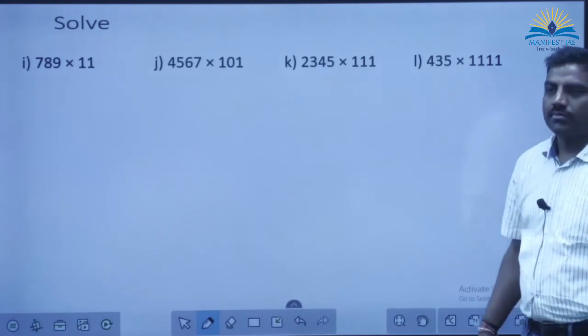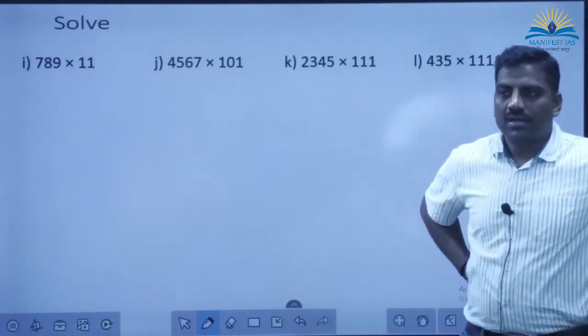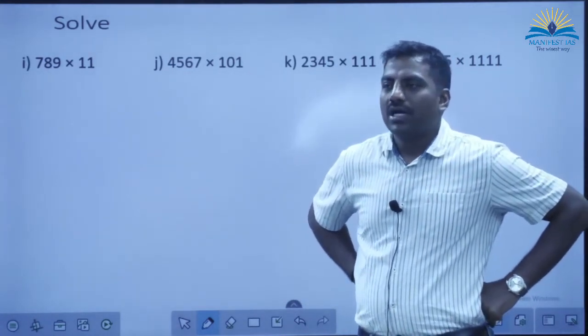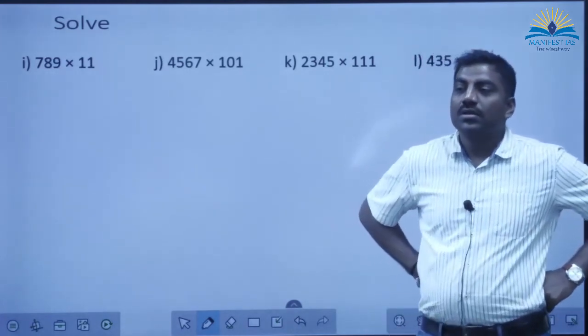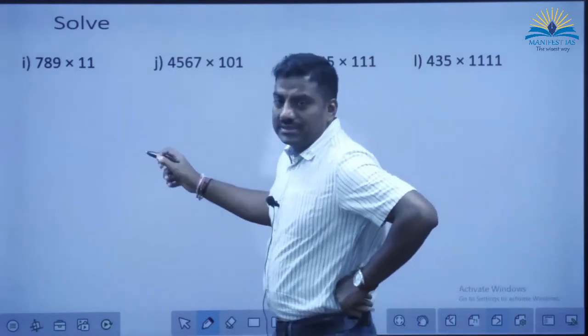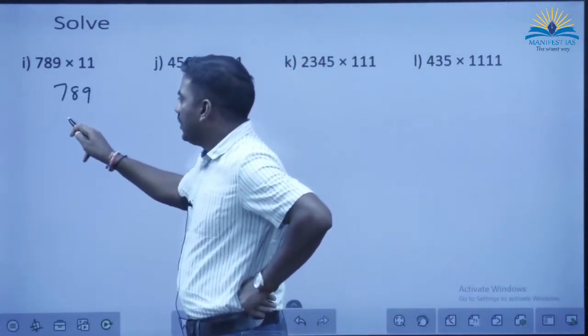Then 11. While you are multiplying by 11, how do you make things simpler? 11 can be written as 10 plus 1. This is what we do know in multiplication, 789 into 11.